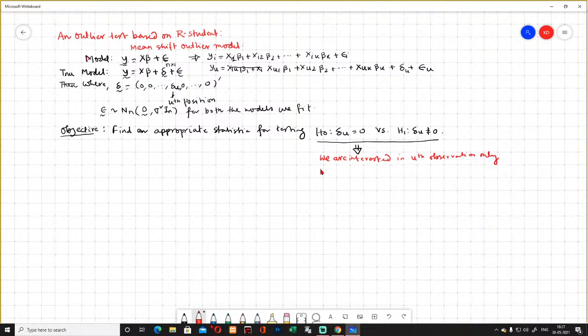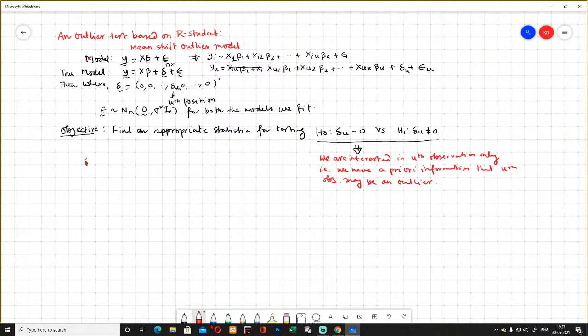That is because we have a priori information that the uth observation may be an outlier.